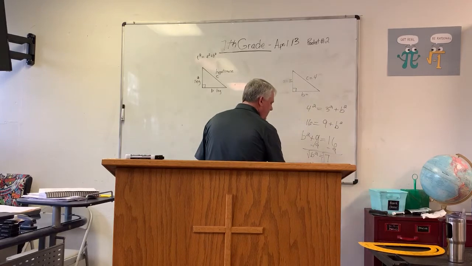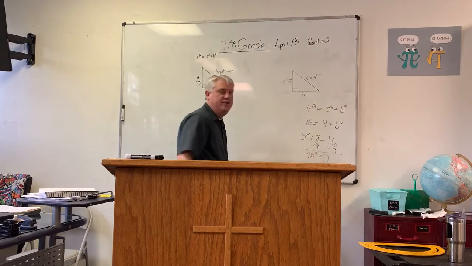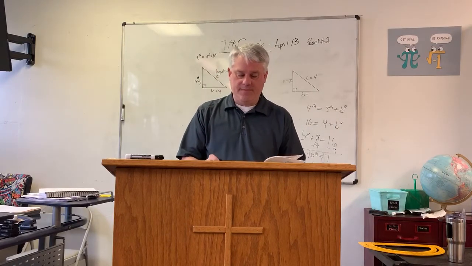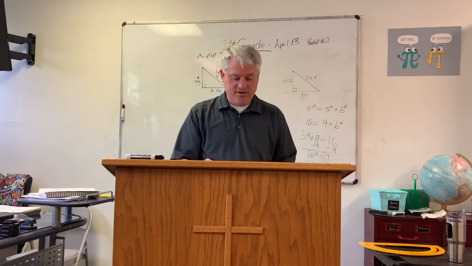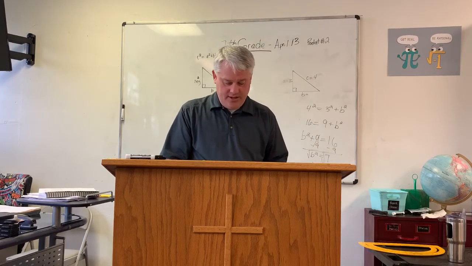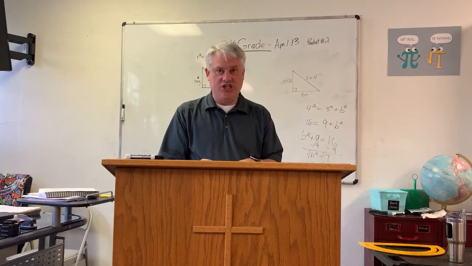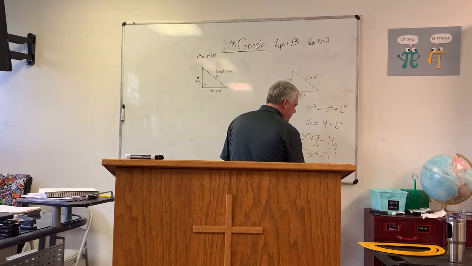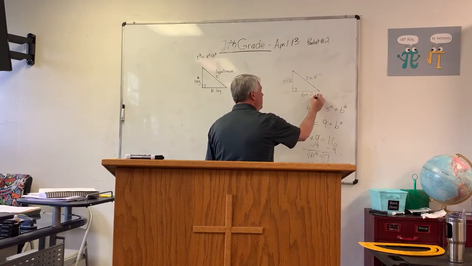The square root of B squared is B. The square root of 7 is one of those I do not know, so I look it up in the back of the book. The square root of 7 is 2.646. I'm going to round to the nearest tenth. The answer is 2.6 centimeters. So B is 2.6.